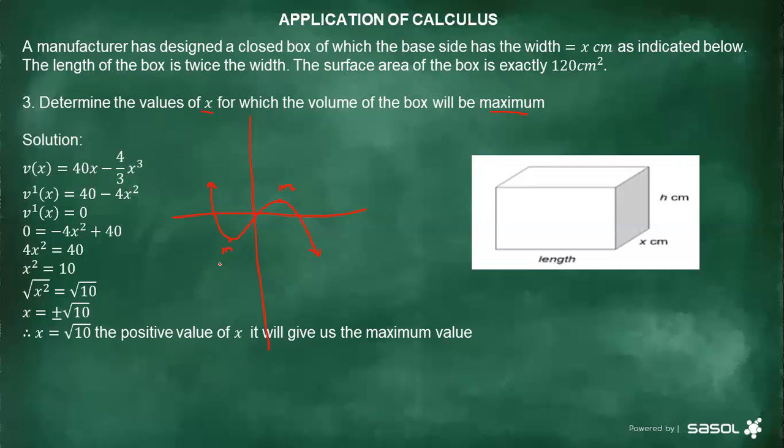Of course, it's going to be negative square root of 10. It's going to come here, and then square root of 10 is the maximum up there. So hence, because the question was very clear that the volume will be maximum, we have selected this.